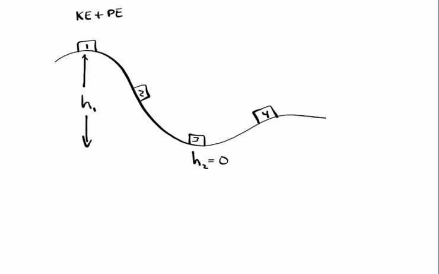I think the easiest way to do these is to draw a picture and label every point that you're interested in with an expression for kinetic and potential energy. For instance, kinetic energy at the top is going to be 1/2 mv1 squared. And the potential energy is going to be mgh1.